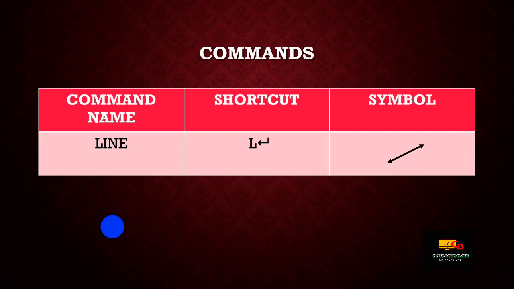First, we will have to know about the name of the command, then the keyboard shortcut, and then the symbol. For example, our first command is line and its keyboard shortcut is L enter, and the symbol is given at the right cell of the table.